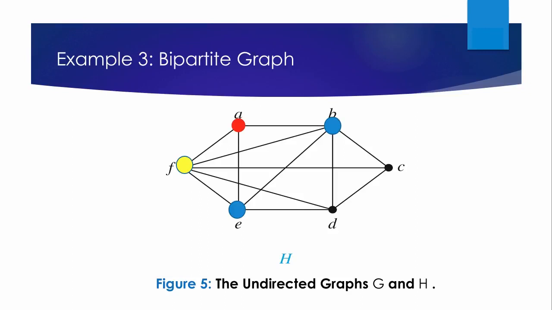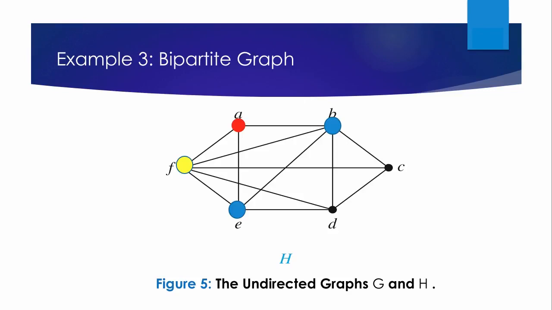This argument shows that we cannot assign one of two colors to each of the vertices of H so that no adjacent vertices are assigned the same color. It follows by the theorem that H is not a bipartite graph.